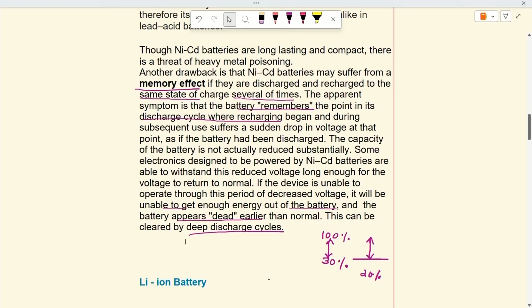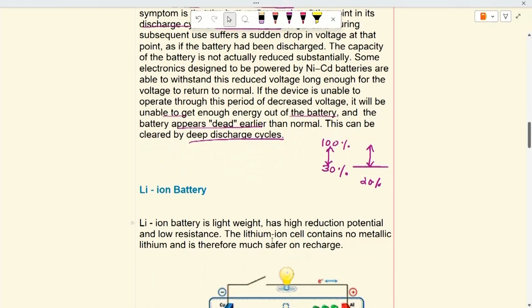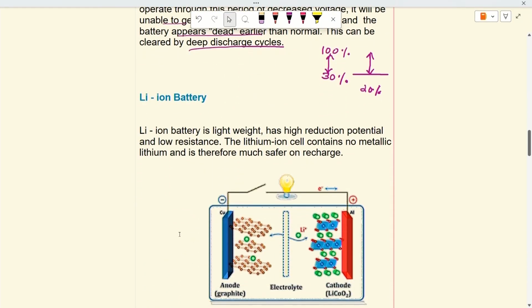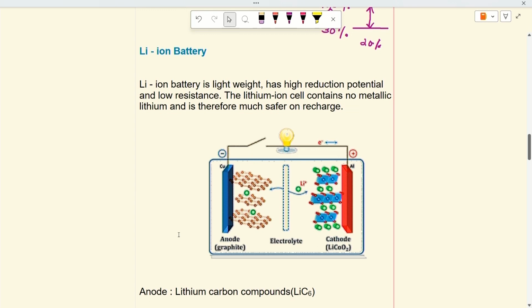Now, let us go for the lithium ion battery. You might have heard of this, as most laptops and similar devices use a lithium ion battery. Lithium ion batteries have a very big advantage: they are very lightweight and have high reduction potential and low resistance, and therefore you get a greater charge density and potential from these lithium ion batteries.